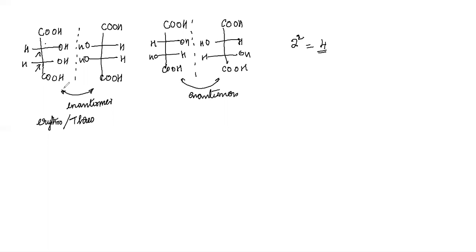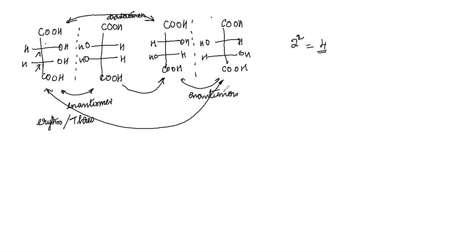And what is the relationship between this and this, as well as this and this? They are diastereomers. So these two are diastereomers, these two are diastereomers, and these two are diastereomers.